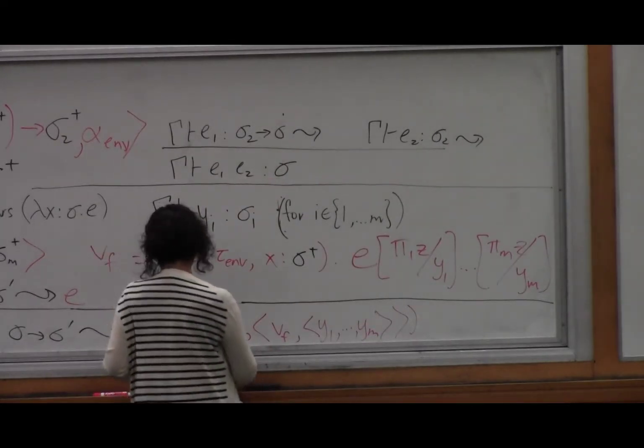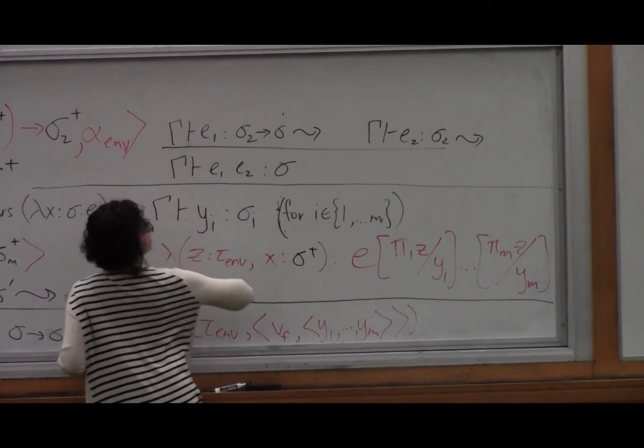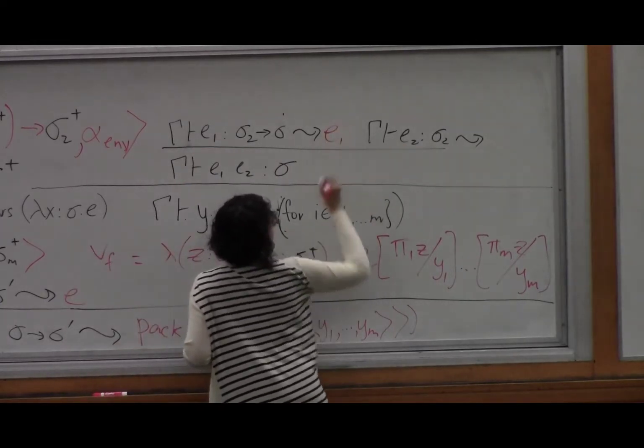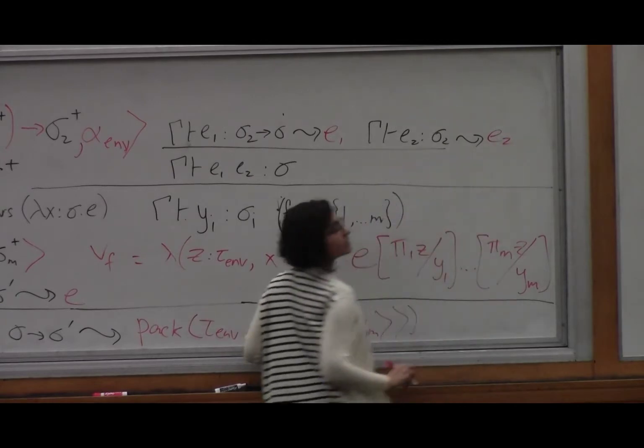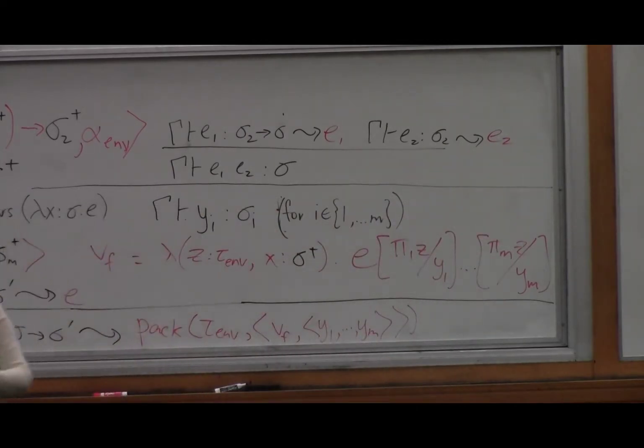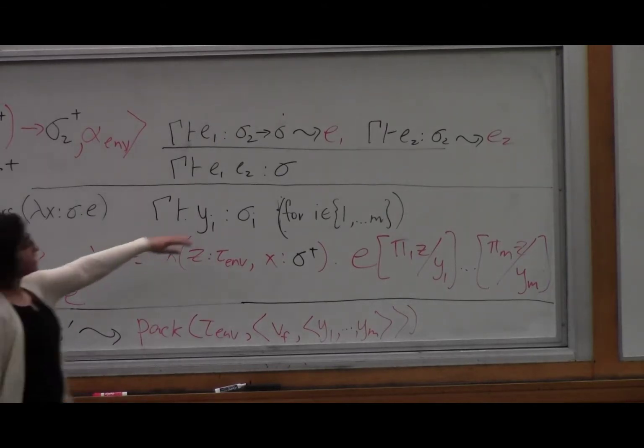So when we compile E1 and compile E2, we get corresponding target code. Now we have to take that and somehow assemble it to produce the appropriate code that does application.